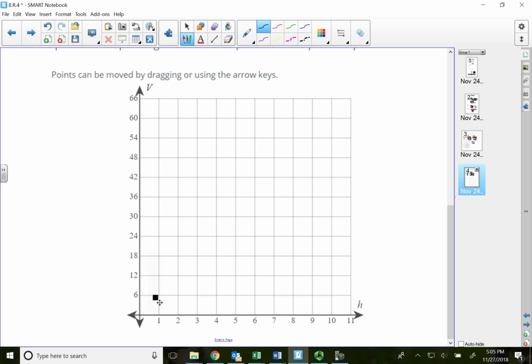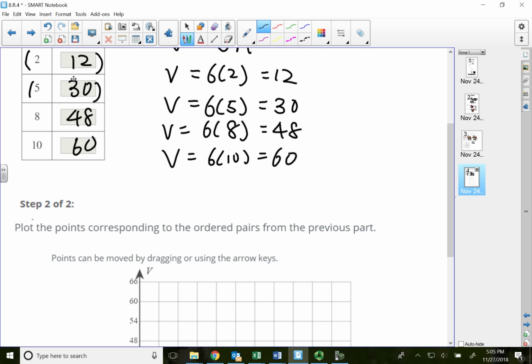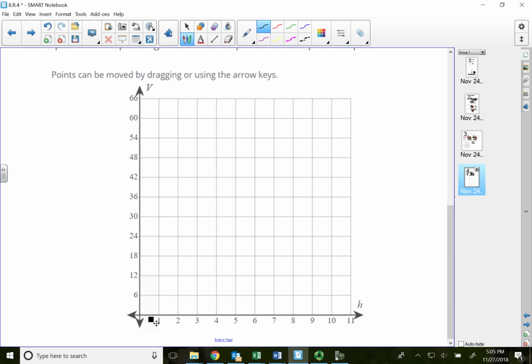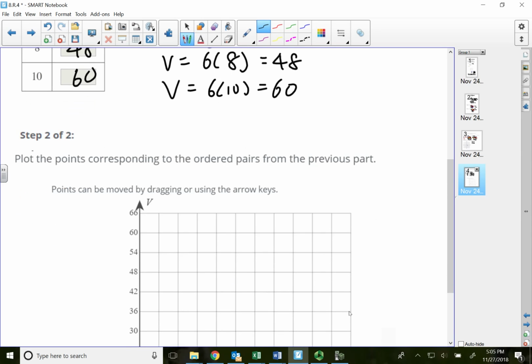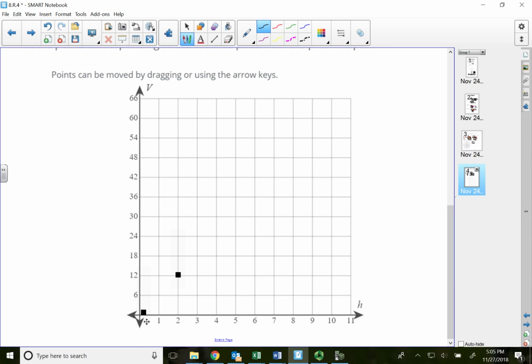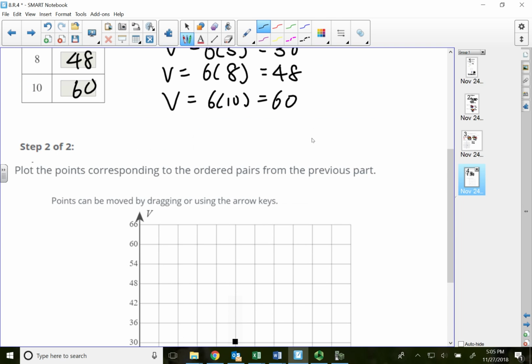So the first one was 2, 12. From the origin, go to the right 2, go up to 12. The next one was 5, 30. Go to the right 5 and go up to 30. Then 8, 48.